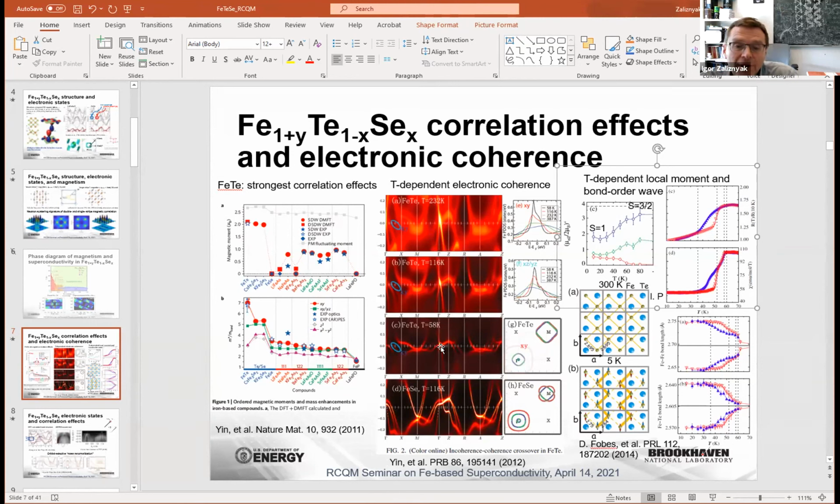My way of rationalizing it is by comparing with the Gabi Kotliar calculations, which show that electronic coherence is developing here. But if you say that there are other ways, I'm open. The comment is that experimentally, there's no indication of establishing coherence in any of the orbitals at that temperature.